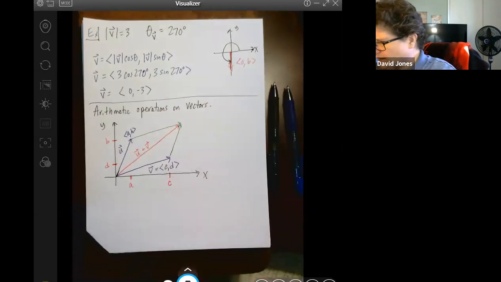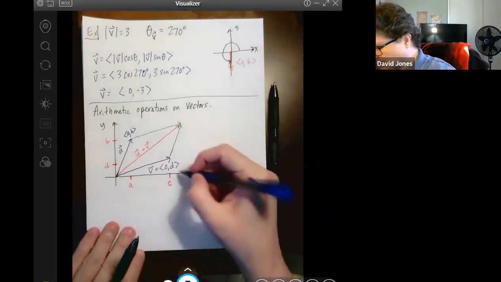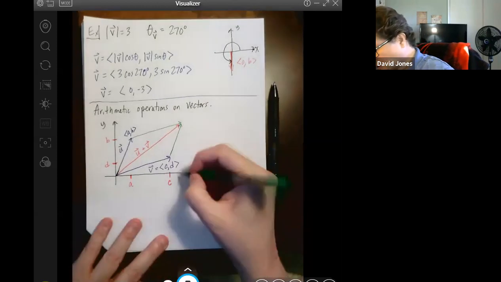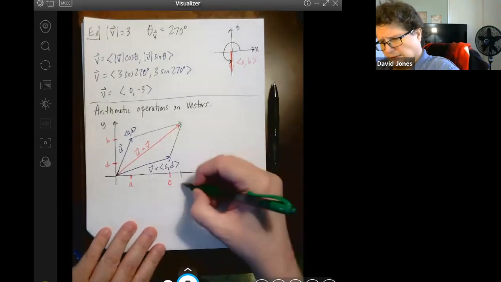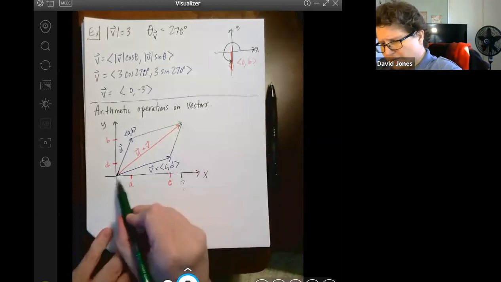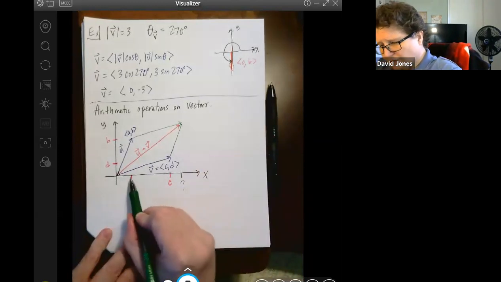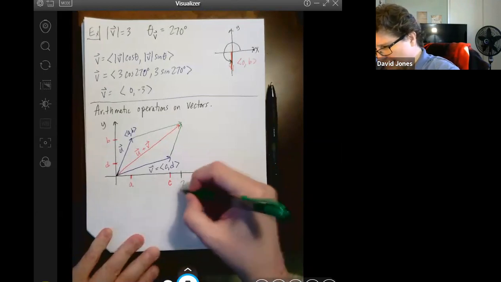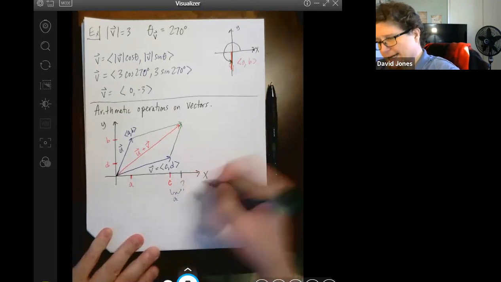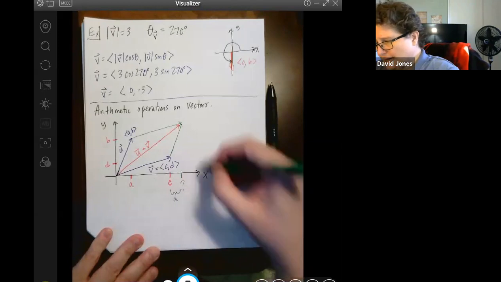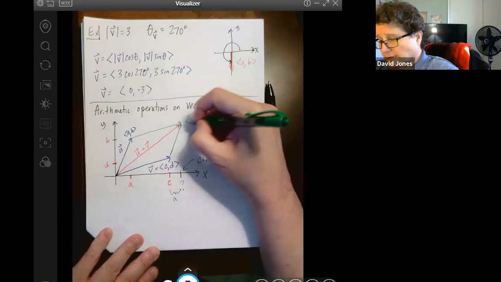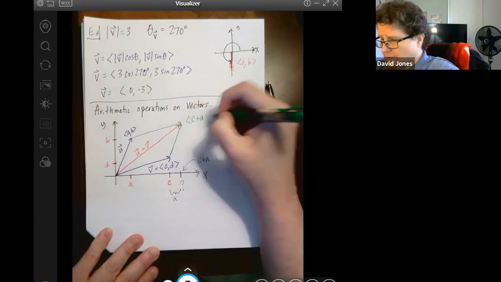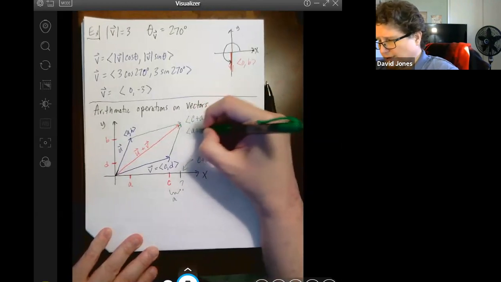What is this value right here? What we've done is, if we move this vector over, we're making a distance A right here, which means that coordinate is C plus A, or A plus C.